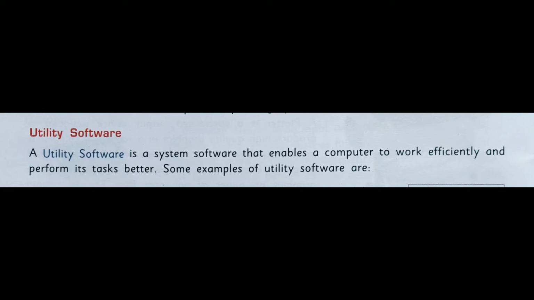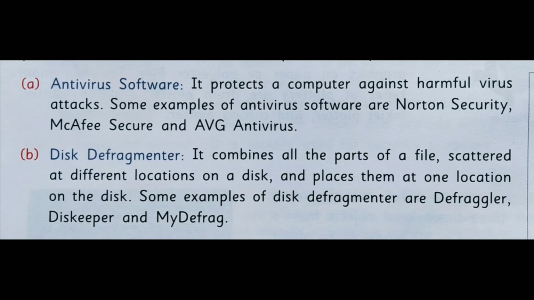Some examples of utility software are: antivirus software. It protects a computer against harmful virus attacks. Some examples of antivirus software are Norton Security, McAfee Secure and AVG Antivirus.